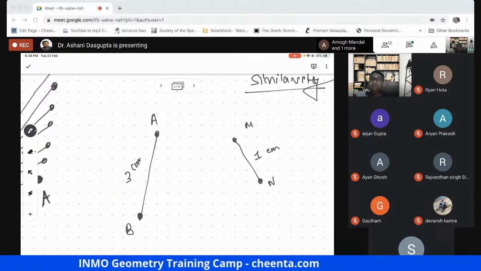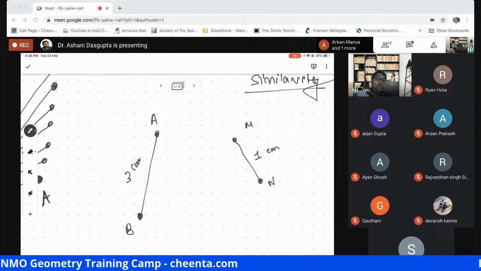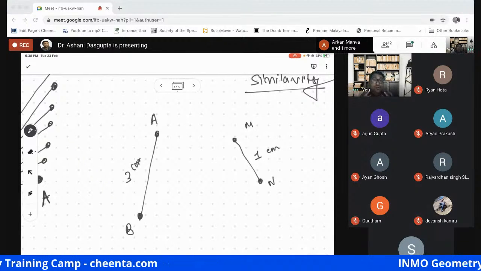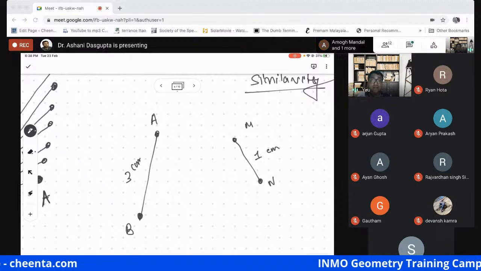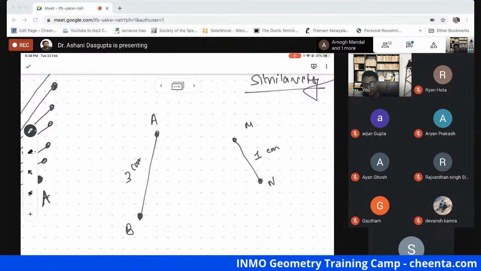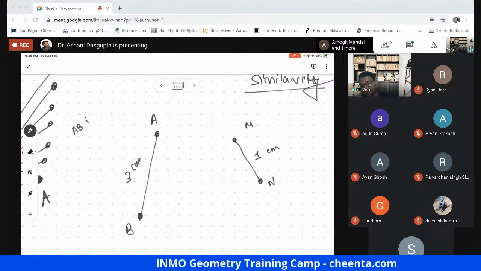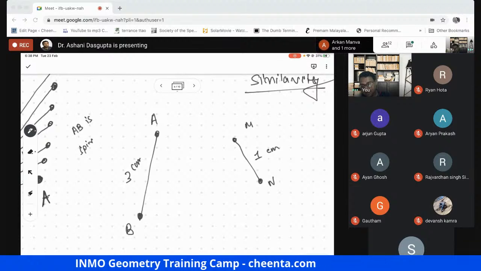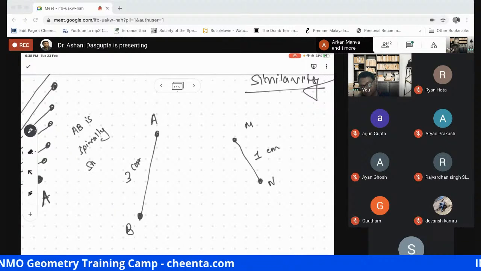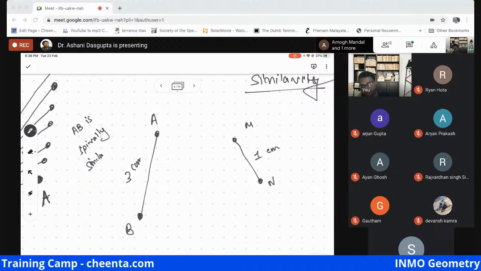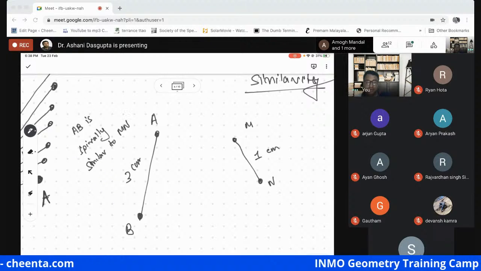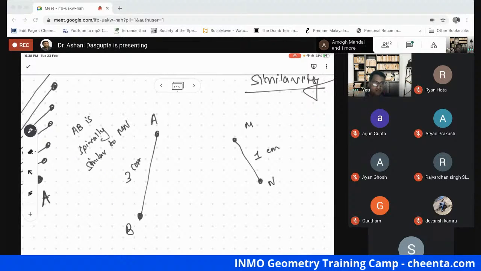What you want to show is that these two objects are spirally similar. So AB is spirally similar to MN. Do you see how wonderful this theorem is?